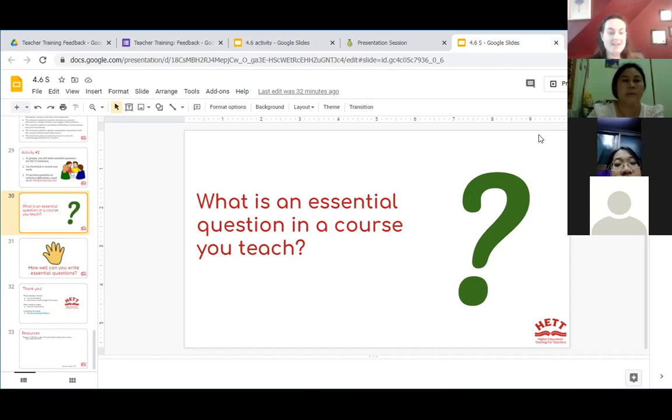You can just type it in the chat box if you want to write what the topic of your course is and then the essential question, just so people can know what the topic is.